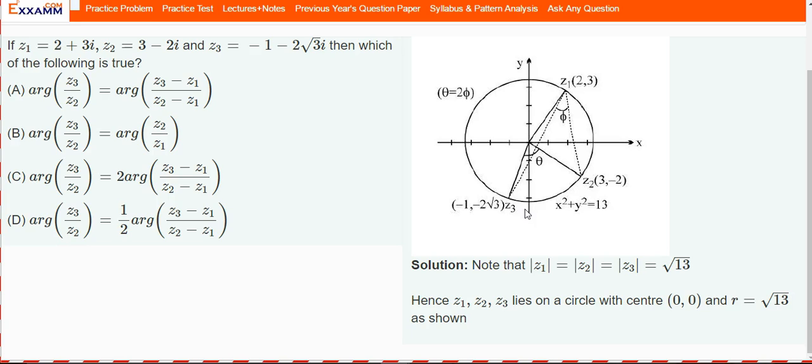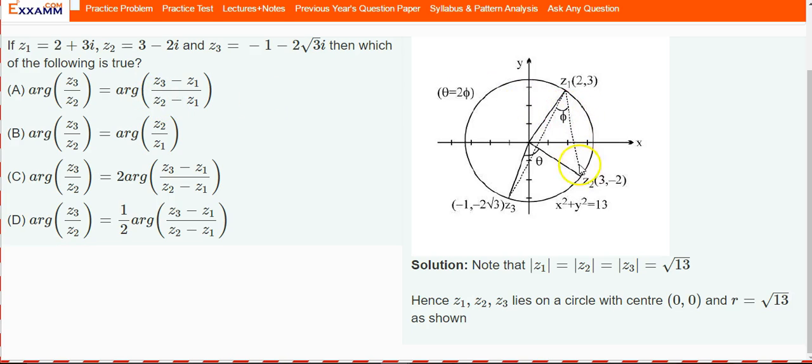Now the rest is very simple, because this is the origin, so this particular angle would be double this particular angle, and applying the argument formula on these angles, we will get the result.